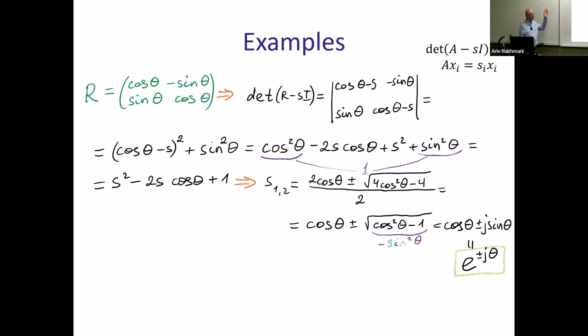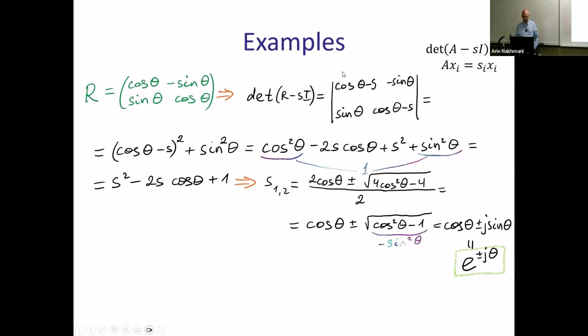Okay, you have similar matrices for 3 dimensions, more dimensions, which is interesting. So we need to compute that characteristic polynomial, which is the determinant of R minus sI. This matrix, I call it R, rotation. This is what it will be: cosine theta minus s, minus sine theta, cosine theta minus s.